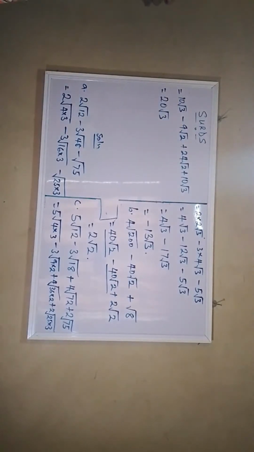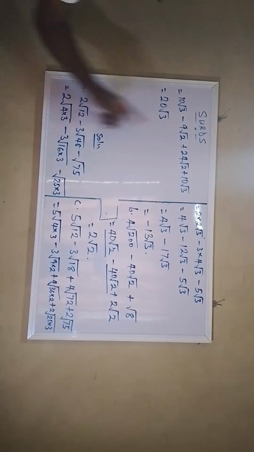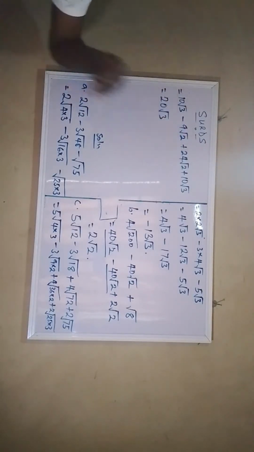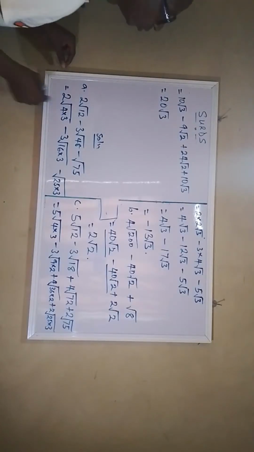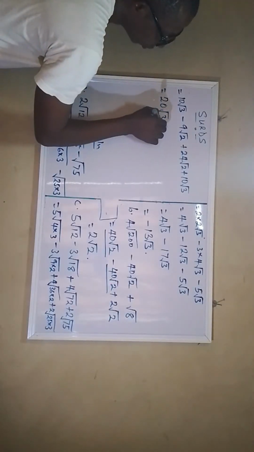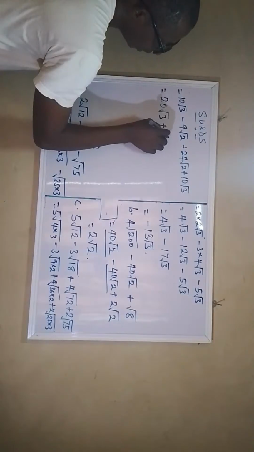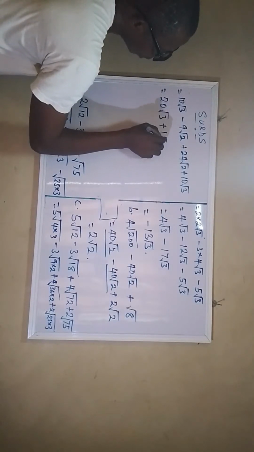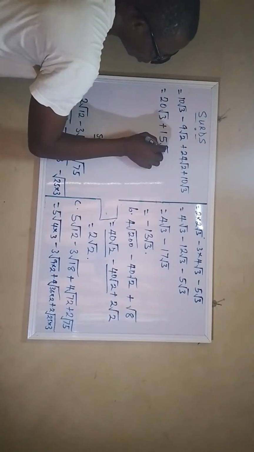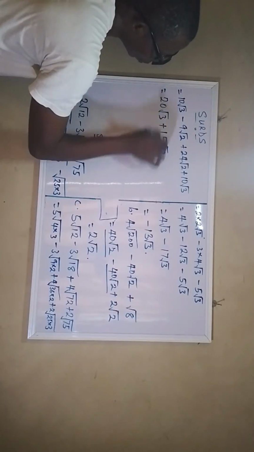So how many square root of 2 are we left with if we take away 9 square root of 2 from this 24 square root of 2? So what are we going to have? So that is going to be what? Plus, is that 15? So that's going to be 20 square root of 3 plus 15 square root of 2.